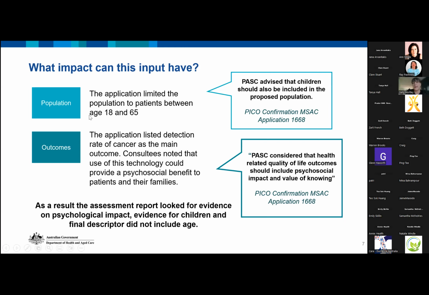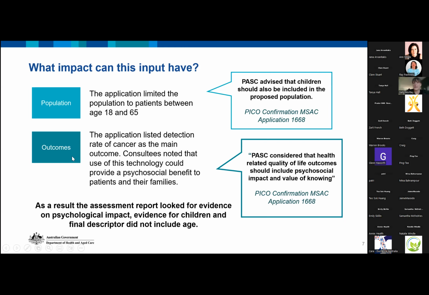So you can see here in the population, the application limited the population to patients between the ages of 18 and 65, but there would have been some discussion at the PASC, possibly with consultation input. And so PASC has advised at this stage that children should also be included in this population. So that's been a change as a result of the discussion at PASC.